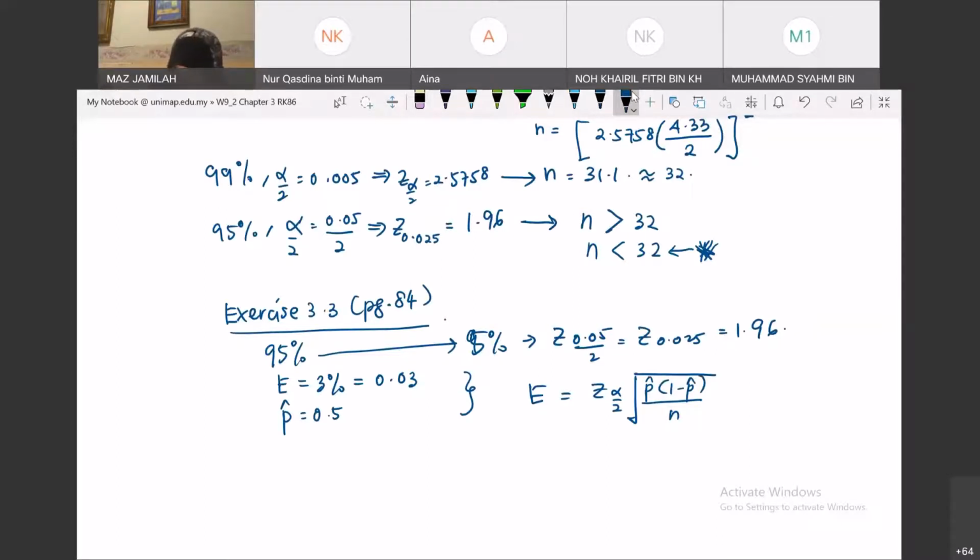Since I have the square root here, to simplify everything, square both sides.